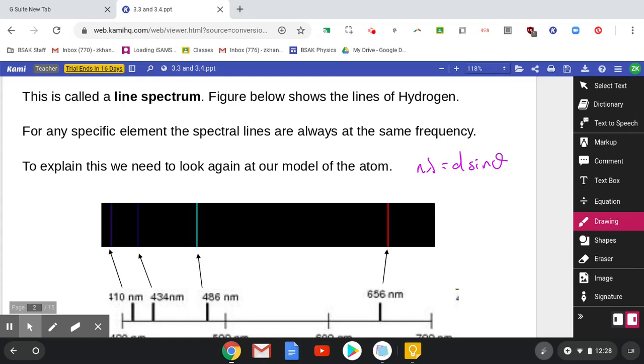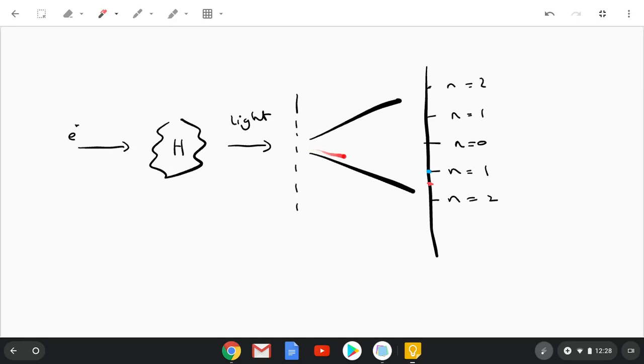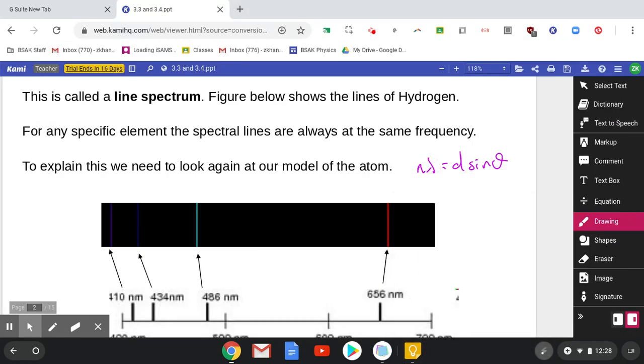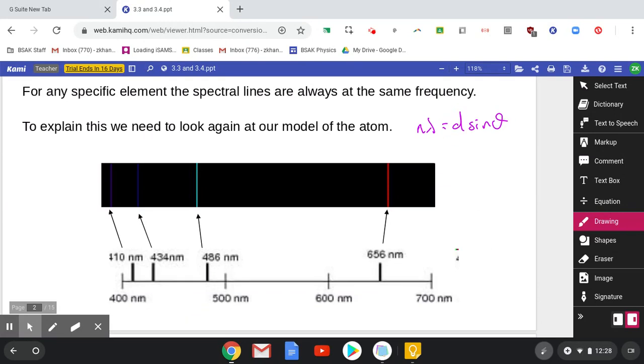We know the angle from the horizontal for each line where it appears on the screen relative to the horizontal. So we know these angles. And from there, what we could do is work out the wavelength corresponding to each line.